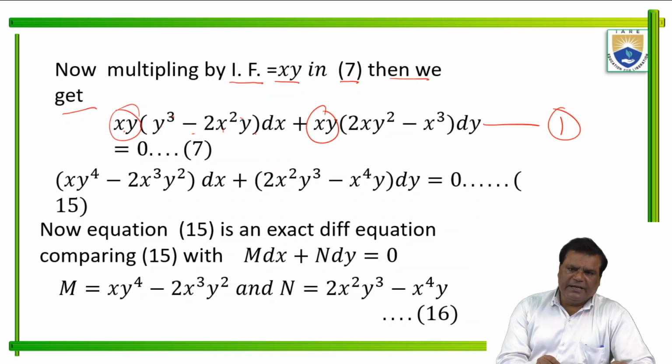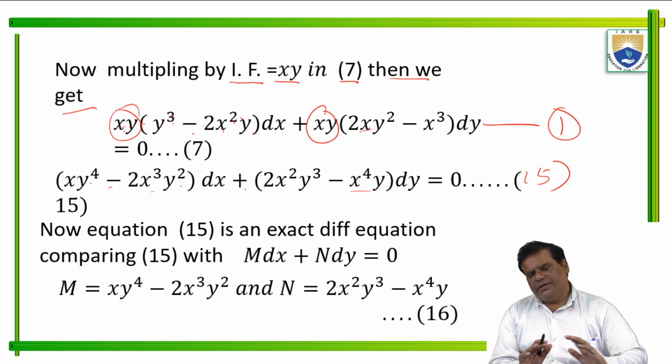So multiplying again by xy, this equation must be exact: xy4 minus 2x cube y square dx plus 2x square y cube minus x4y dy equal to 0. This is equation number 15.